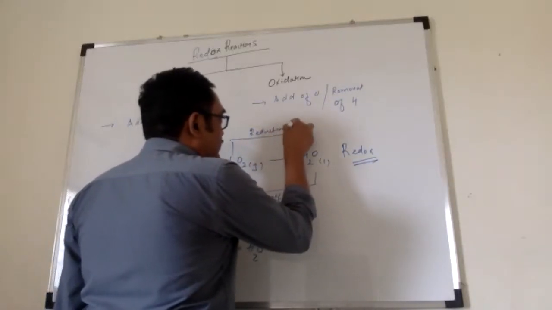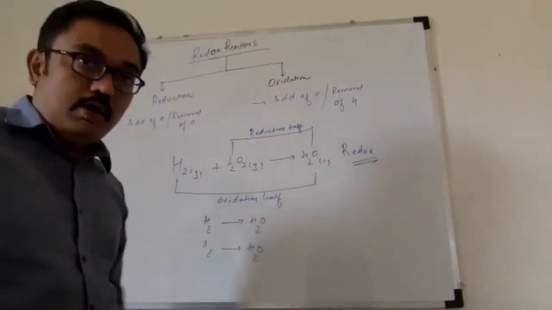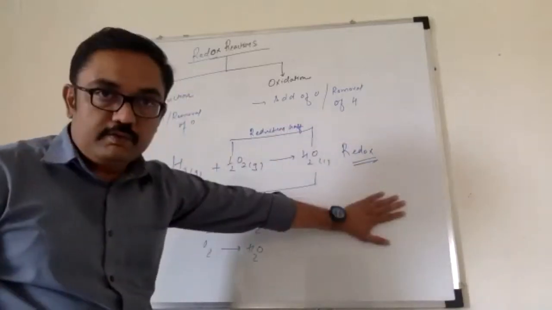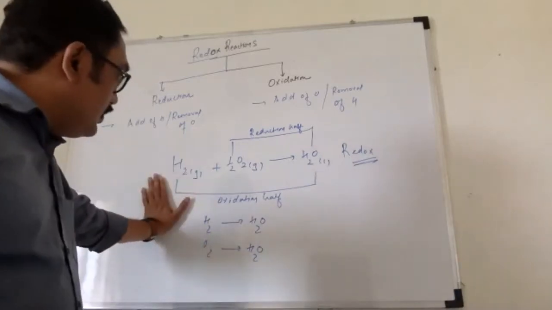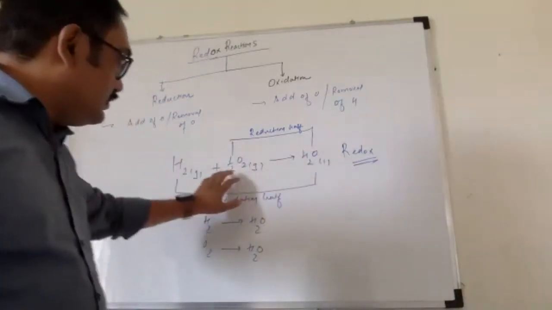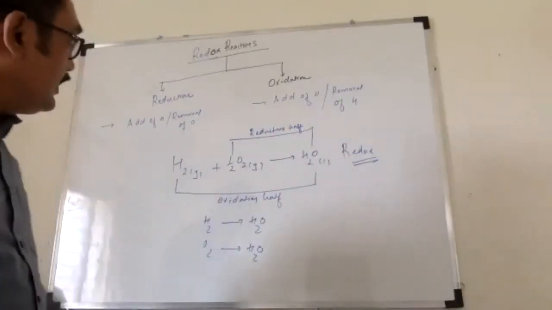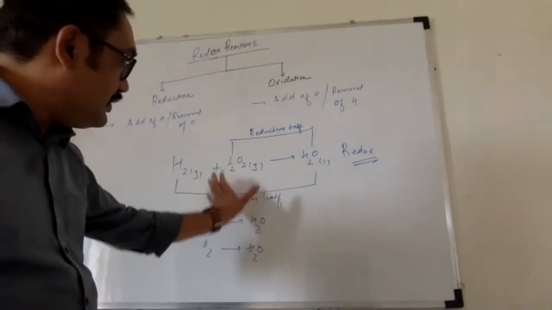So this half is the reduction half and this half is the oxidation half. And the entire reaction is a redox. So during this reaction, H2 is oxidized, O2 is reduced, right? And I have applied the first definition to figure out which half is the oxidation half and which half is the reduction half.